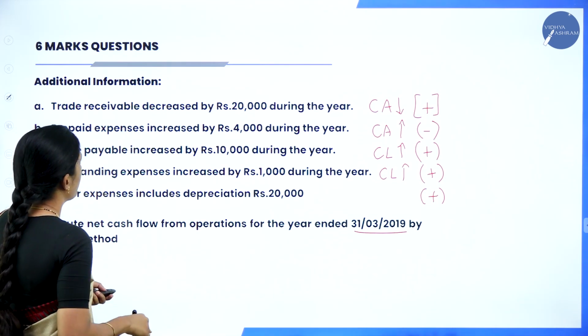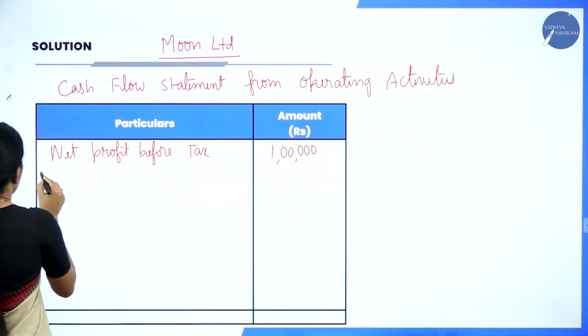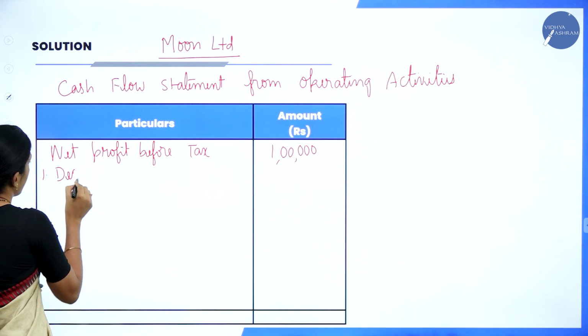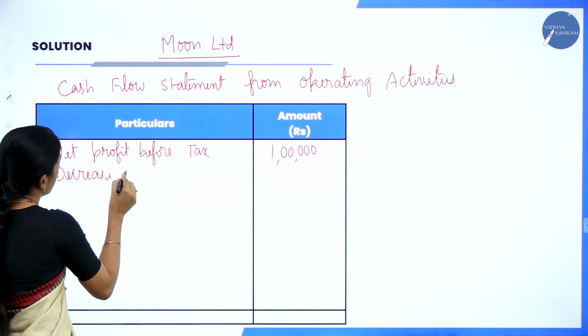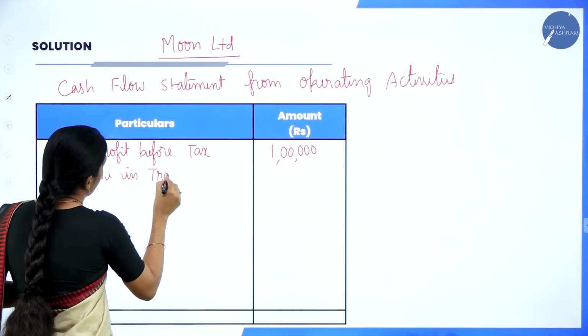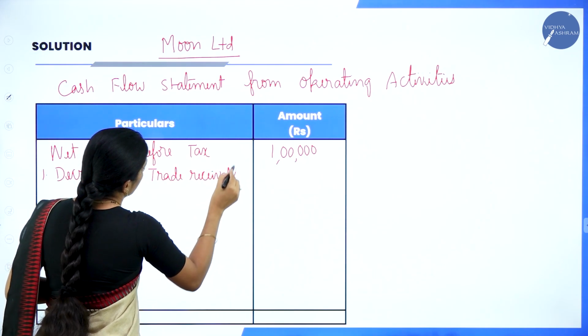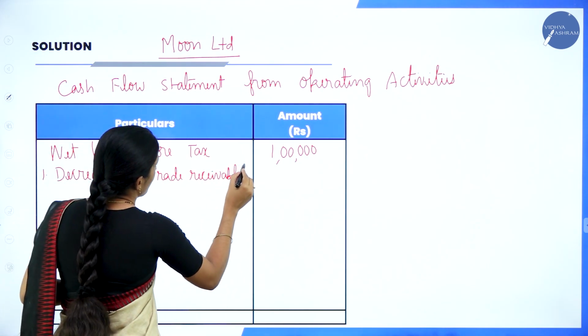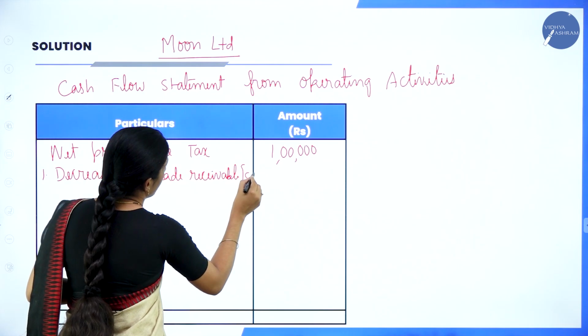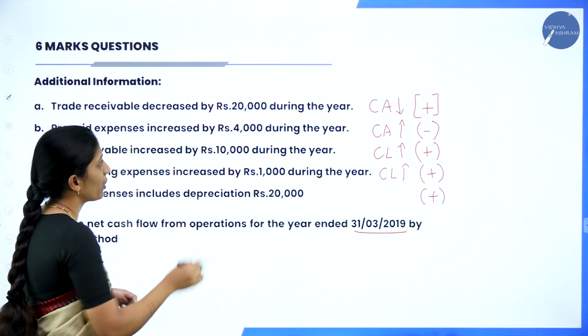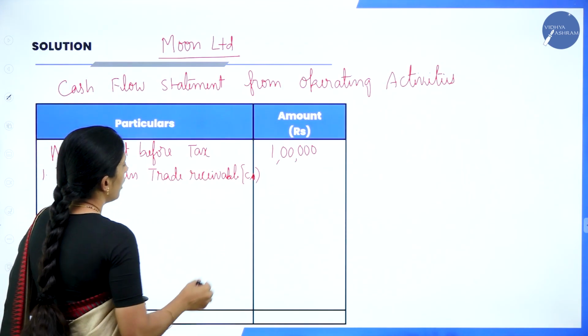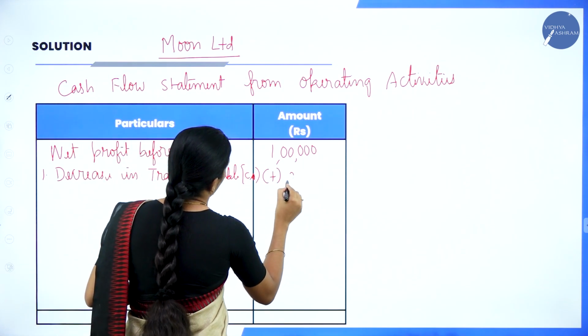First one is decrease in trade receivable, 20,000. So it is a current asset. Decrease in current asset. So what you have to do? You have to add how much? Plus 20,000.